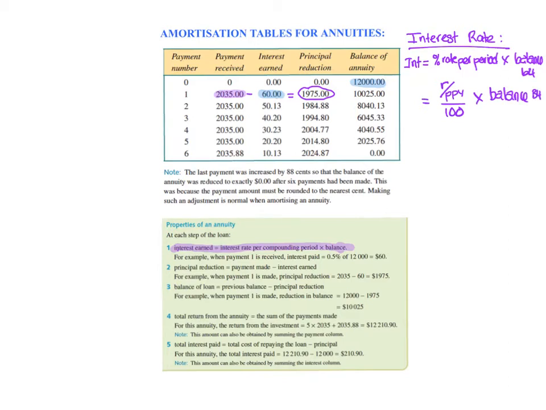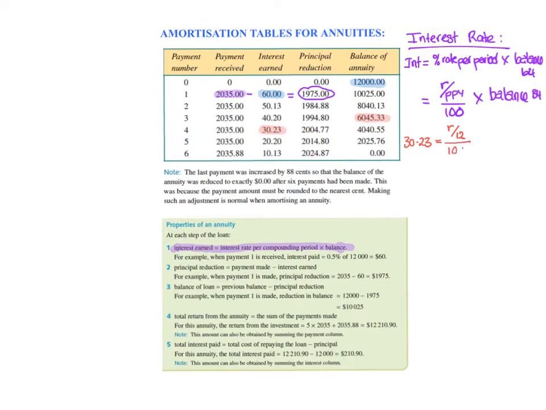Sorry, I'm just writing B4 for balance before, because it's a bit hard to think. So can you see, I'm going to do an example here. I'm going to use this interest and that balance before. I know the interest was 30.23, and it equaled, now the R I don't know, but PPY, we knew this was a monthly thing, didn't we? We're just going to say yes.